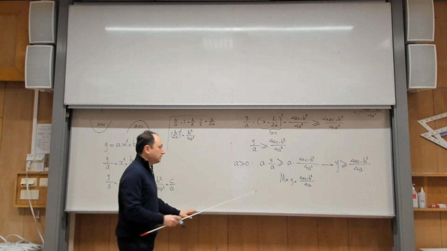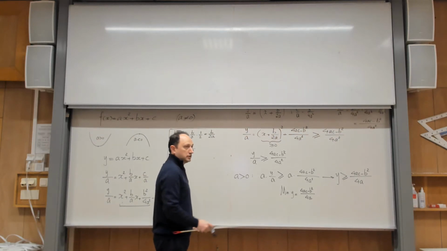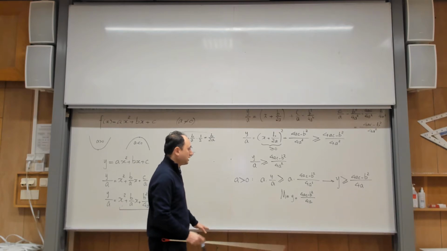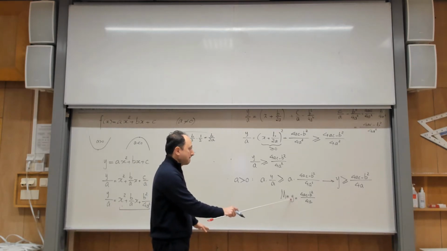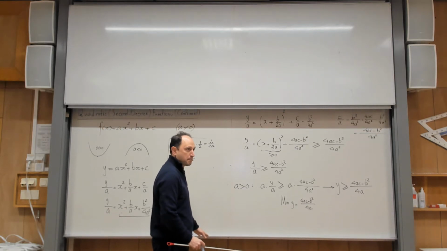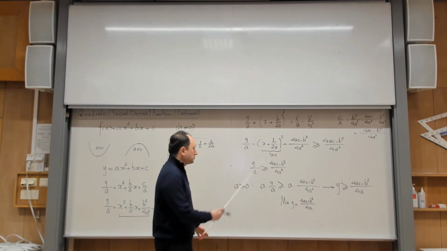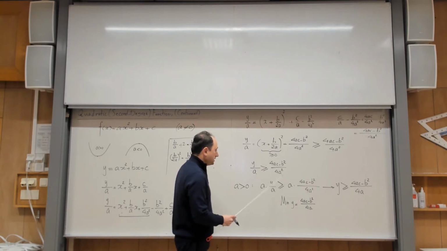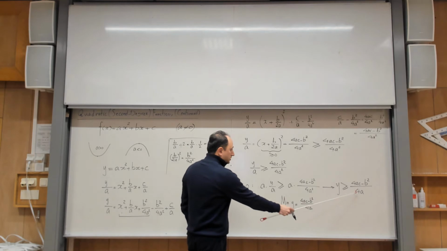Okay, can you tell me when this minimum occurs, when it is attained, for which value of x I can reach this minimum? Yes? Minus b over 2a. Minus b over 2a, yes? Do you remember? Because if I want to reach this minimum, if I want to reach this value, it means that I have to have equality.